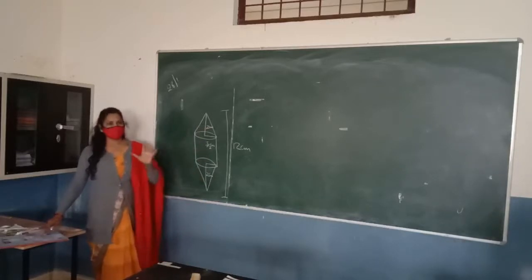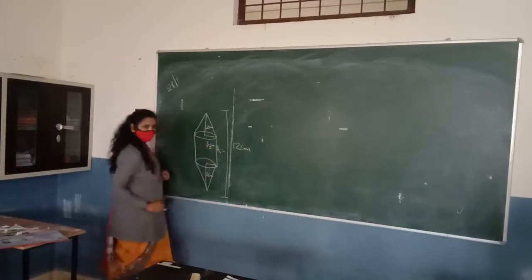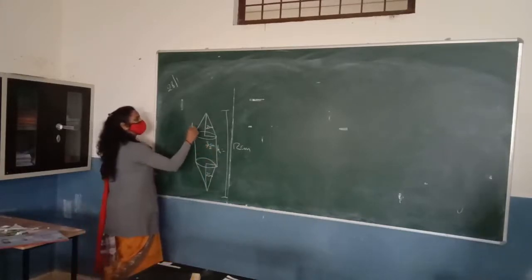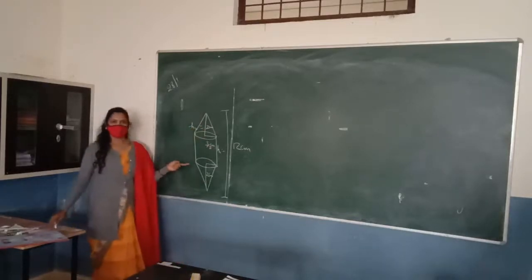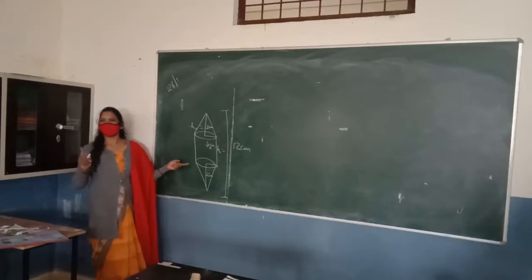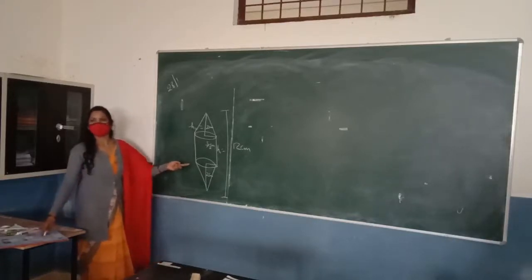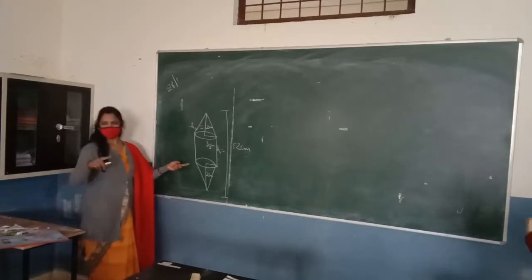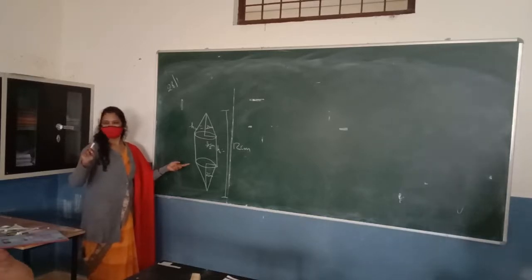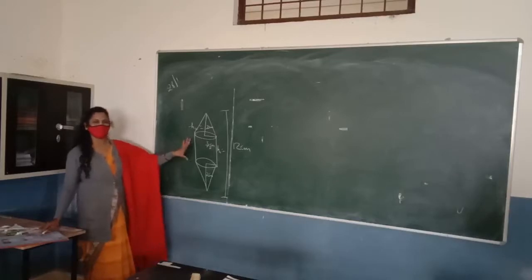The height is different, so we will represent the height of the cylinder by h1 and the height of the conical portion by h2. Abhishek, how can you find the height of the cylinder?